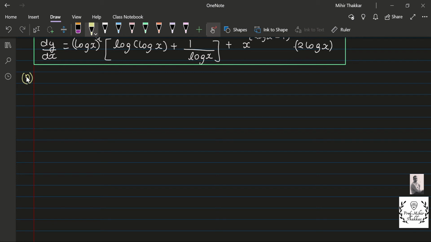Let us see our sum number 2. Sum number 2 says y is equal to x raised to x plus a raised to x.